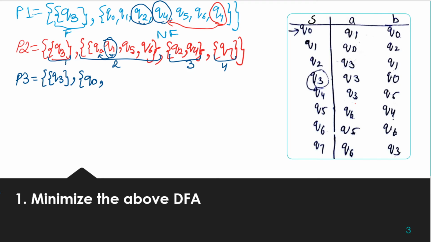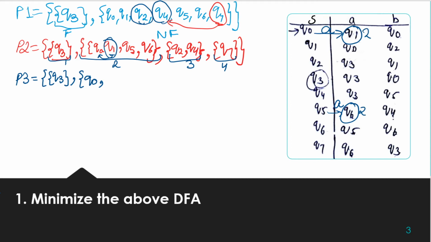Now let's check the compatibility of Q5 with Q0. From Q0 we are moving to state Q1 for input symbol A, and from Q5 we are moving to state Q6 for input symbol A. Q1 belongs to group 2 and Q6 also belongs to group 2.